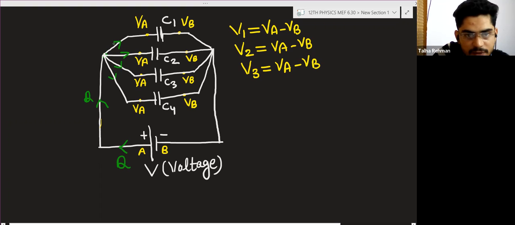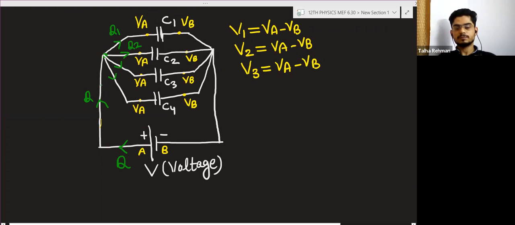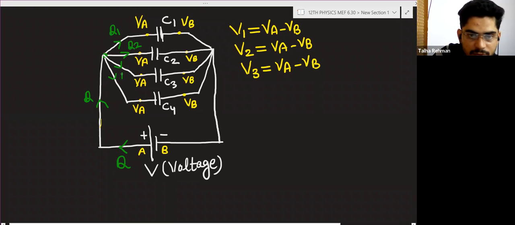Now from here there are 4 branches. So charge here is Q1, here is charge Q2, here is charge Q3, and here is charge Q4.